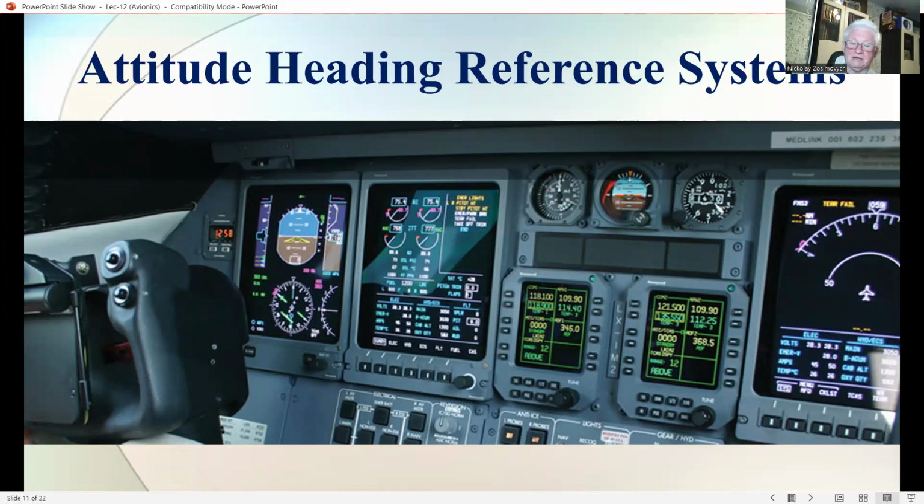As explained in the introduction to this lecture, modern attitude heading reference systems are stripped-down systems, using solid-state gyros and accelerometers, and are basically like modern stripped-down INS, inertial navigation systems.